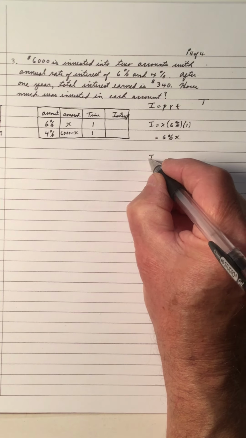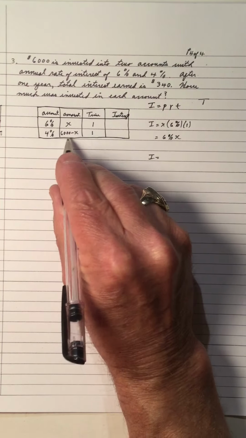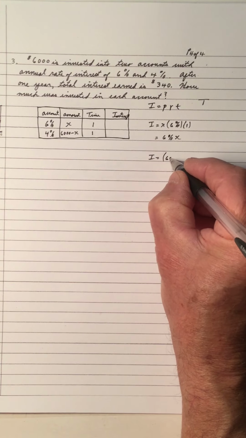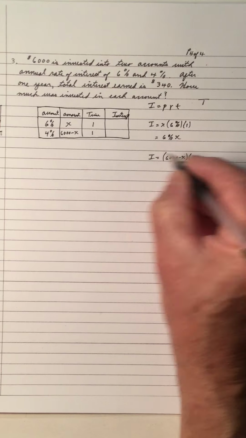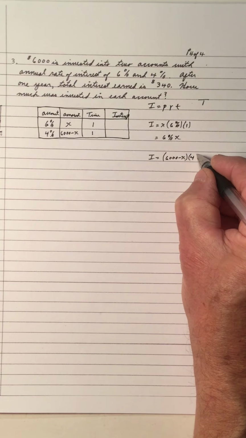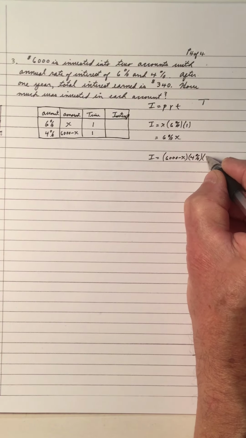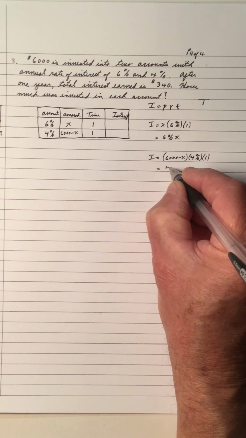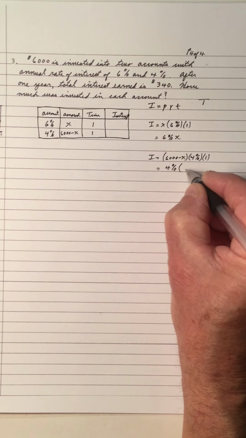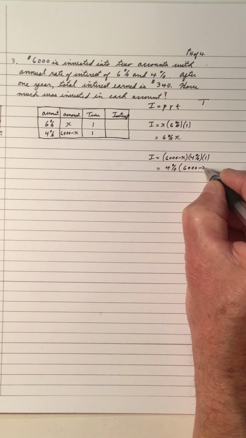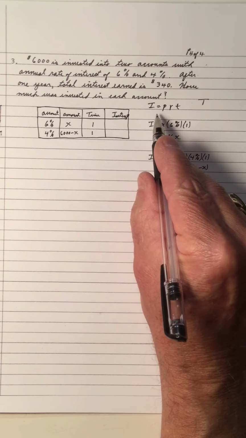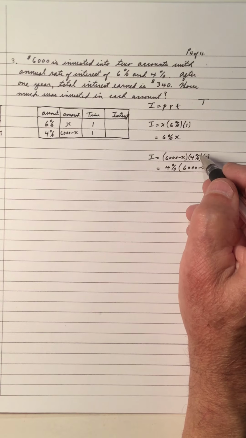And the other interest is 6,000 subtract x, and the rate is 4% for 1 year. So that comes out to be 4% times 6,000 minus x. So interest equals principal times rate times time.